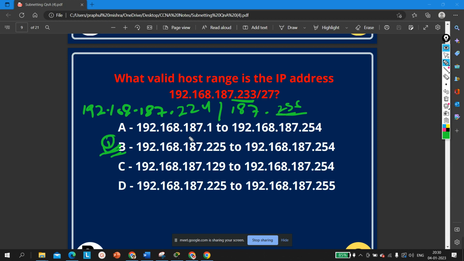So tell me what will be the last IP address of this network? 187.255. The first valid IP address will be 223?